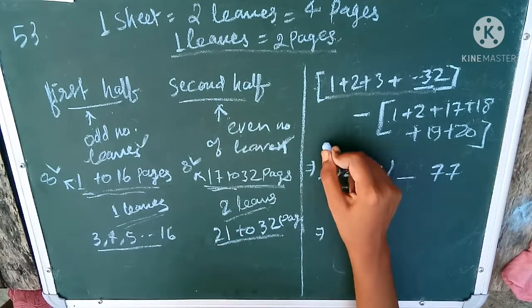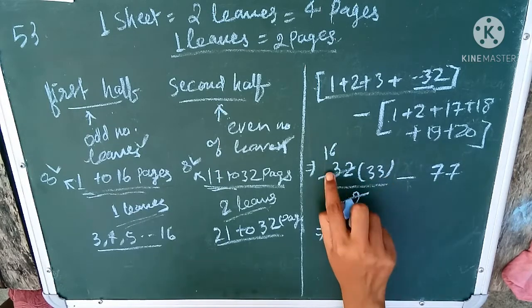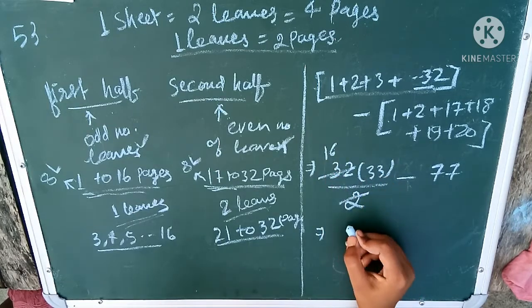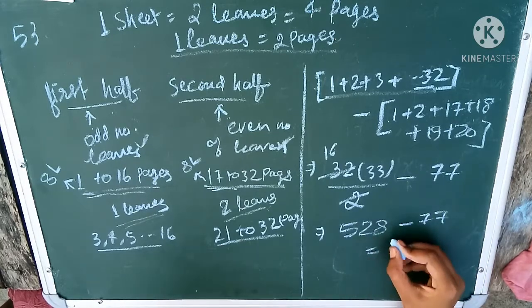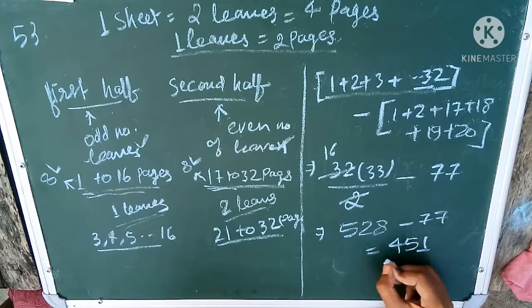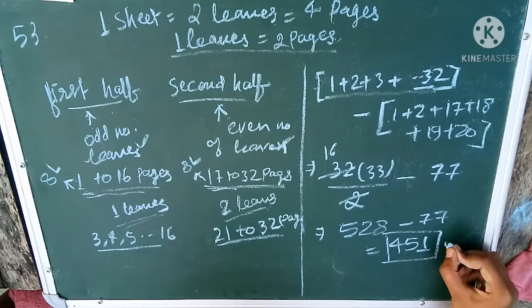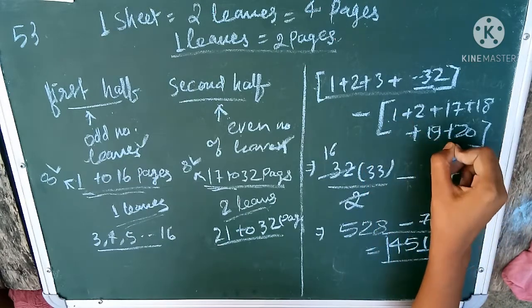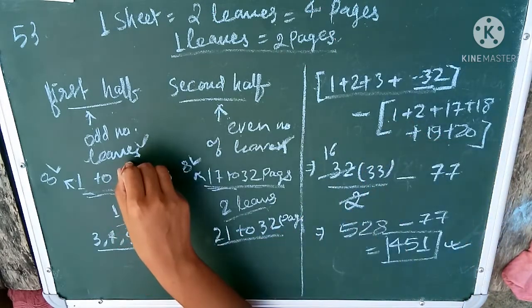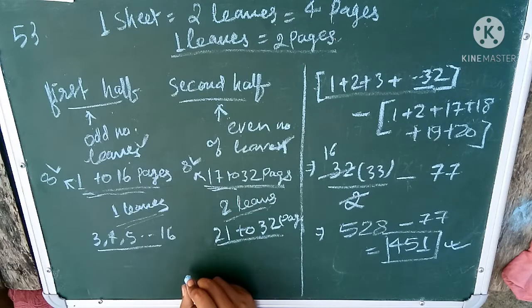Here the 32 cuts with the 2, so we have 16 multiplied by 33, which is 528, minus 77, which is equal to 451. So this is the maximum possible value of the sum of all the pages remaining in the book after removing those pages which were removed by Joy according to the question.